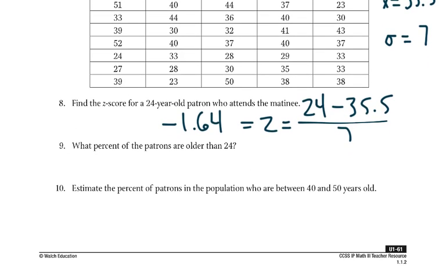Okay, so there's our z-score. Now, what's the percent? What percent of the patrons are older than 24? Remember, finding the percent here will actually be those that are younger than 24. So we are actually going to have to go 100 minus, because that's percent, minus the percent we find to get those that are older.